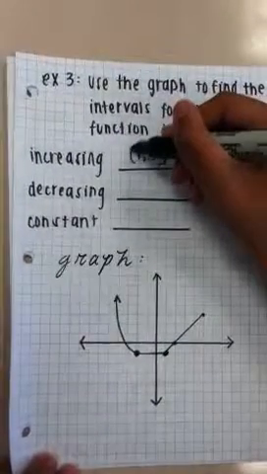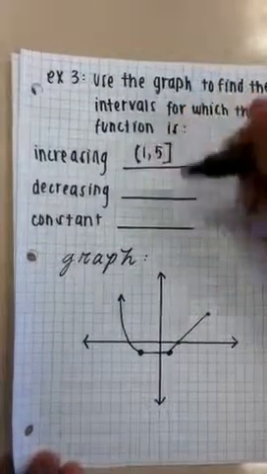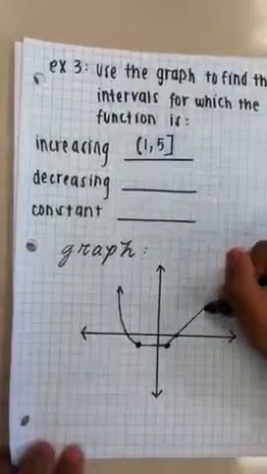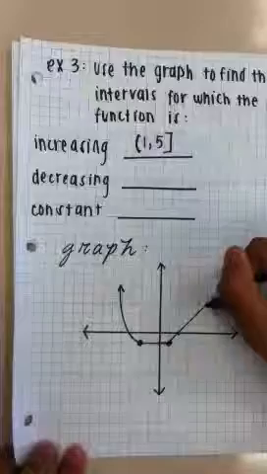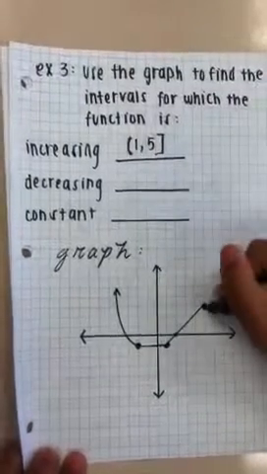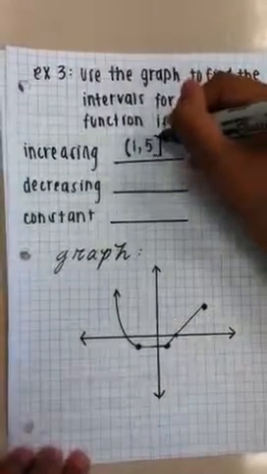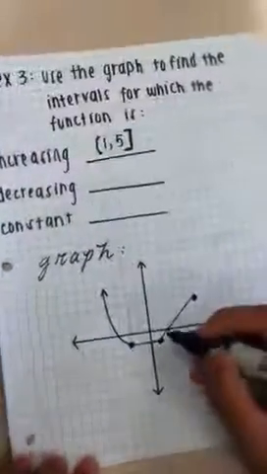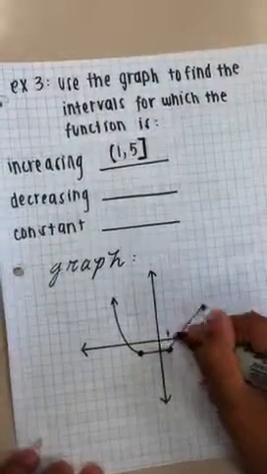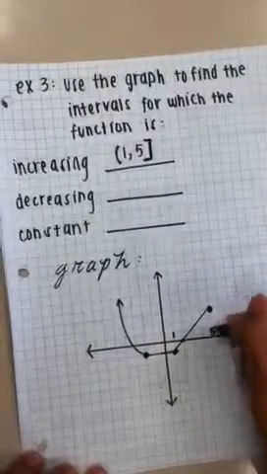So we use an open parenthesis to show that it's an open point. Since this is a closed point and there's no line sharing that point, we use a closed parenthesis, or a bracket, to represent that. So the line from here goes from 1 to 5.